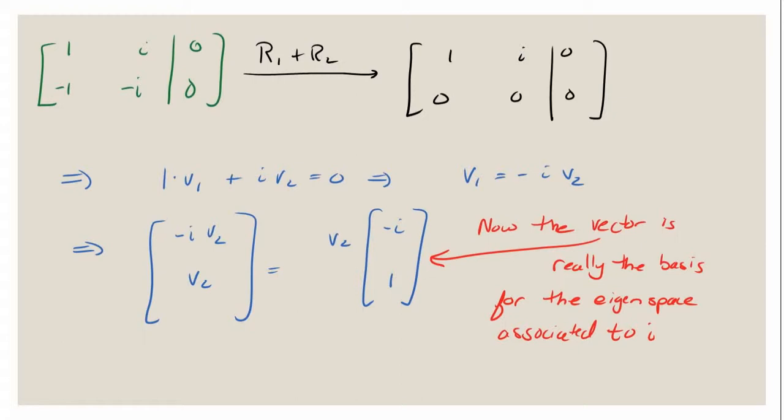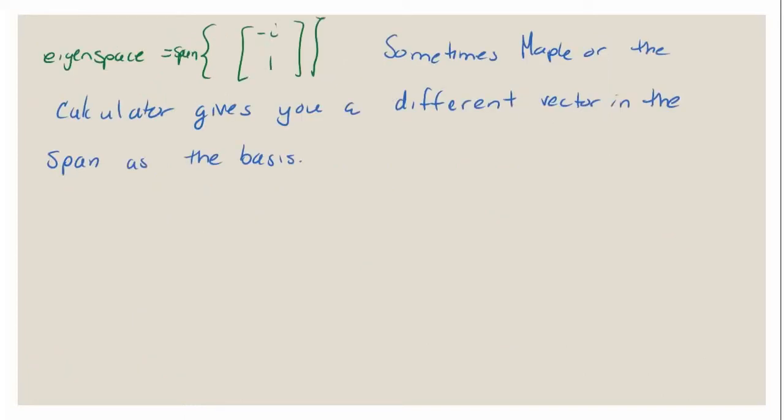Now in class what I did is I started playing with this answer, and there were a couple of questions of why I was doing that. So realize that the eigenspace associated with this lambda is the entire span of that vector. The reason I played with that vector at the end is because Maple gave me a different basis vector.